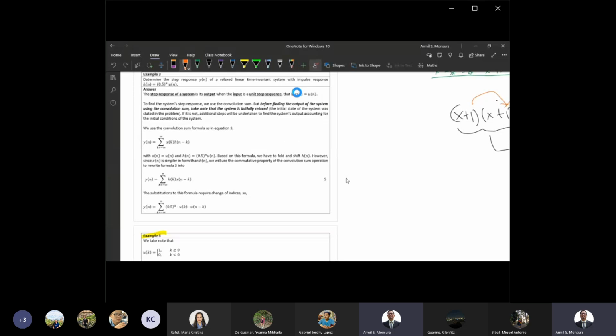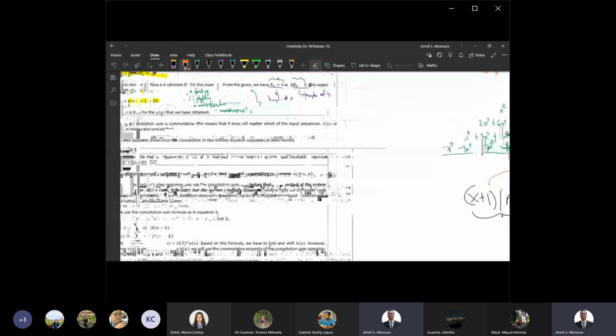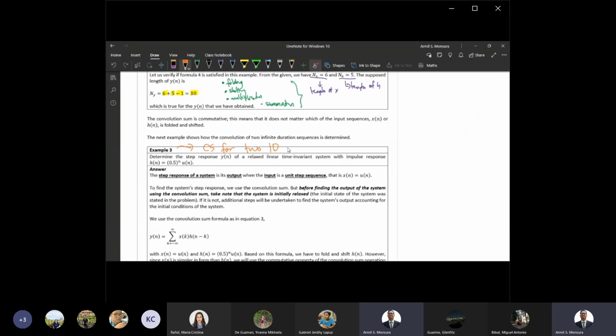By the way, ang example 3 kasi deals with convolution sum for two infinite duration sequences. So kung ang example 2 dealt with two finite duration sequences, example 3 would deal with two infinite duration sequences.